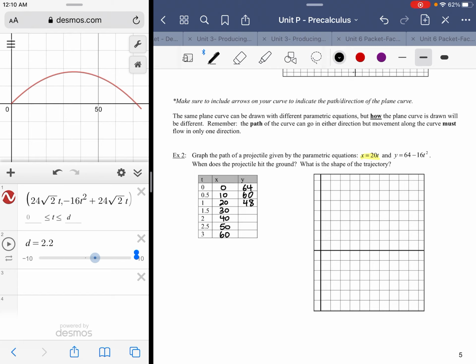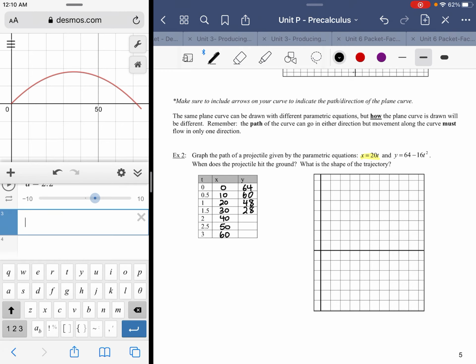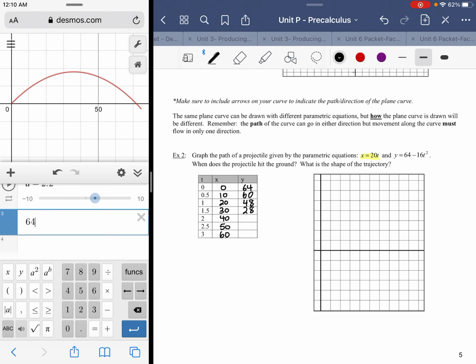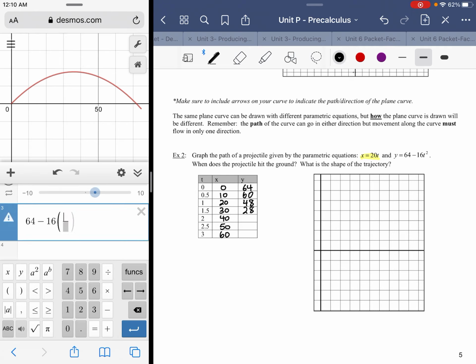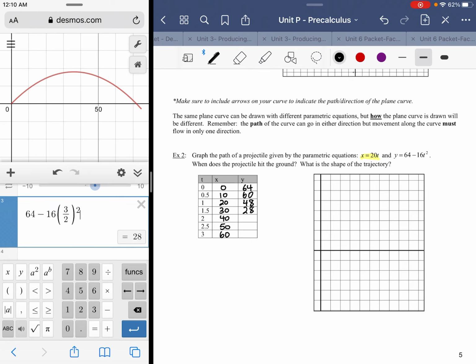So 36 subtracted from 64 is what, 28? I might be double checking that one. Oh, 28, look at that.